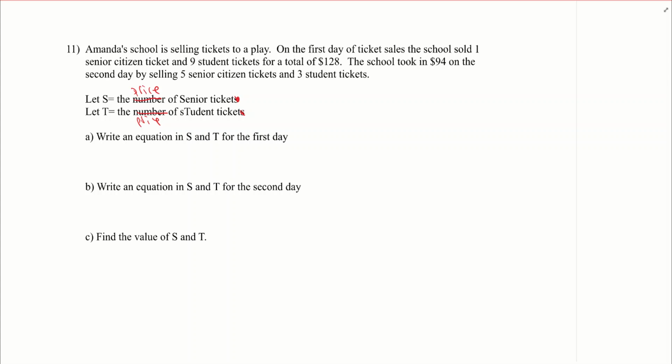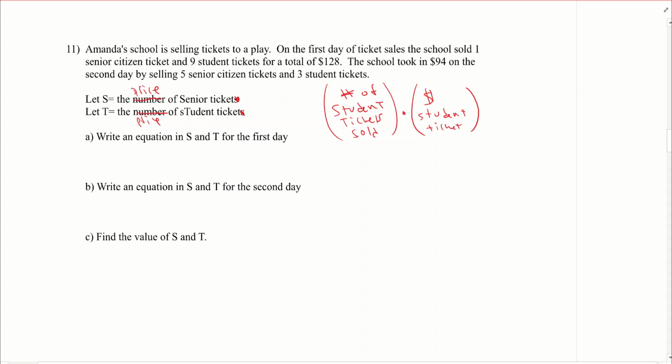So the way this works is, if we want to know how much total money we make, we take the number of student tickets sold, and we're going to multiply that times however much the cost is for a student ticket, right? And that'll tell you how much money you make from student tickets.